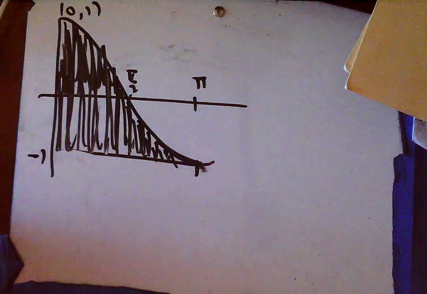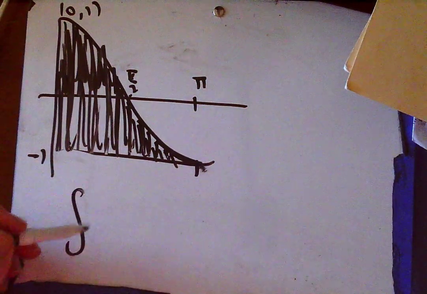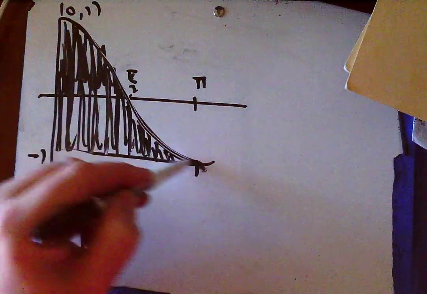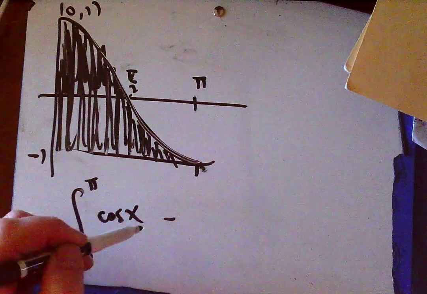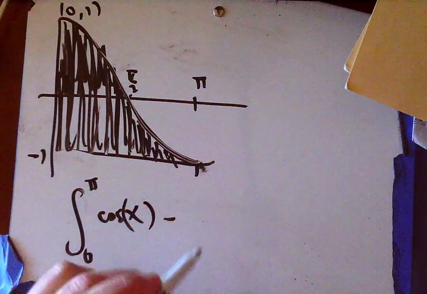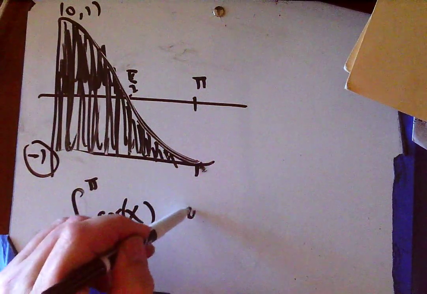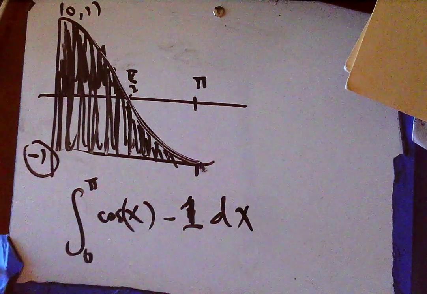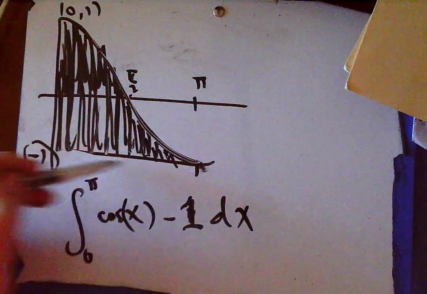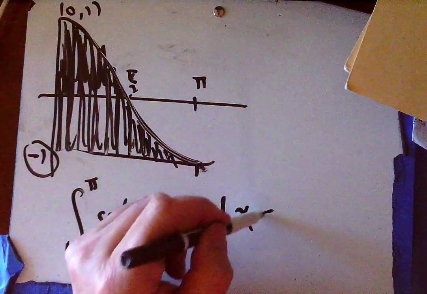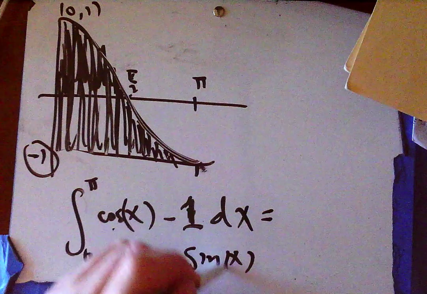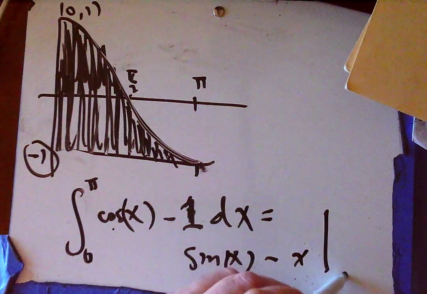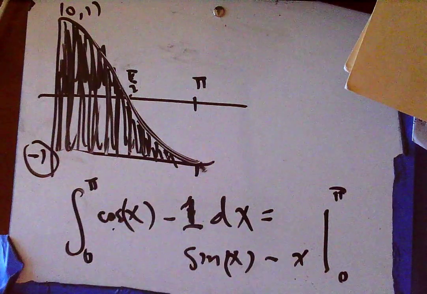Because look, instead of having 3 or 4 integrals, I'm going to have from 0 to pi top function, cosine x, minus what's our bottom function, y equals 1. And that's it. That's all I need to do. Top minus bottom. The antiderivative of cosine is sine. The antiderivative of 1 is x. And I want to evaluate from 0 to pi.